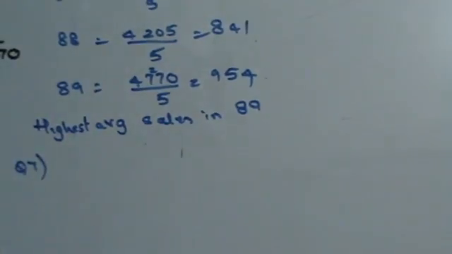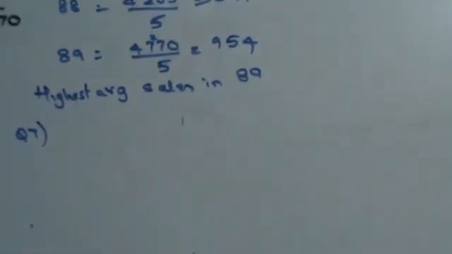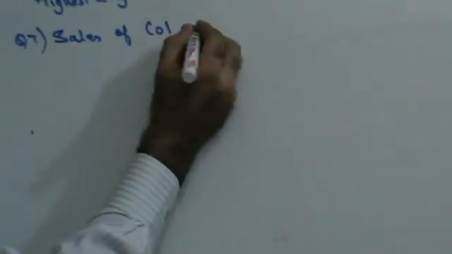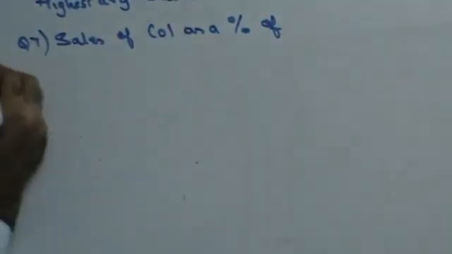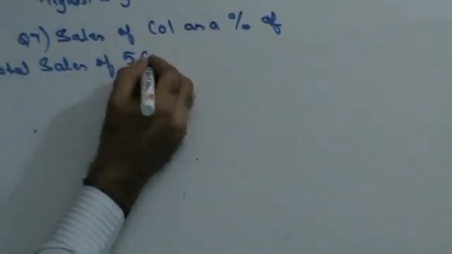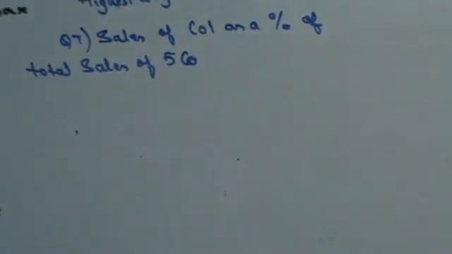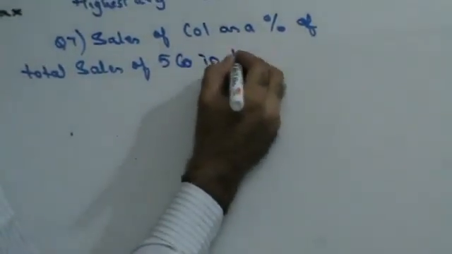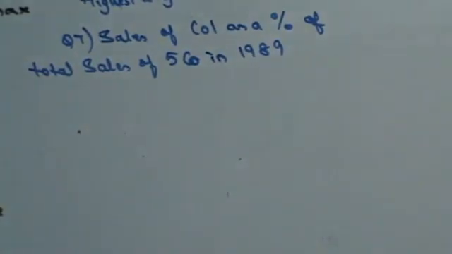Next, let's see question number 7. Question number 7 says the sales of company 1 as a percentage of total sales of 5 companies in 1989 is how much?